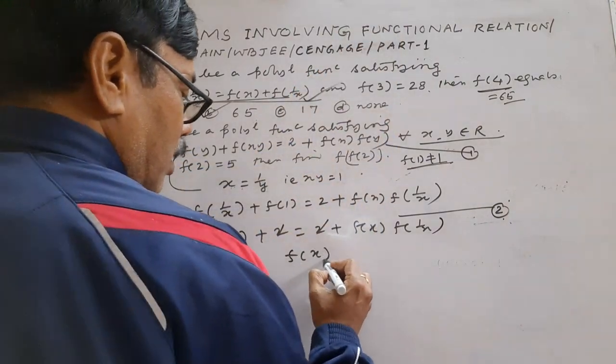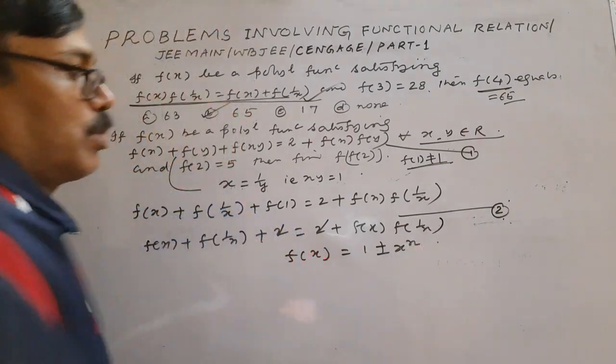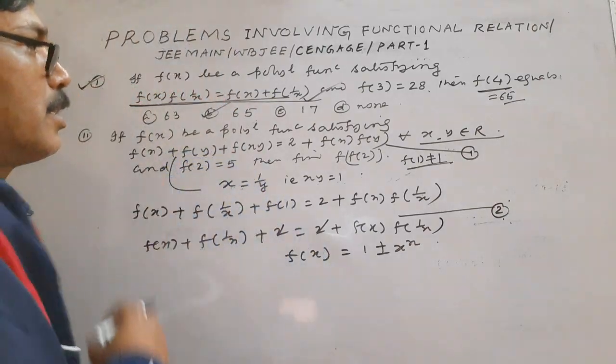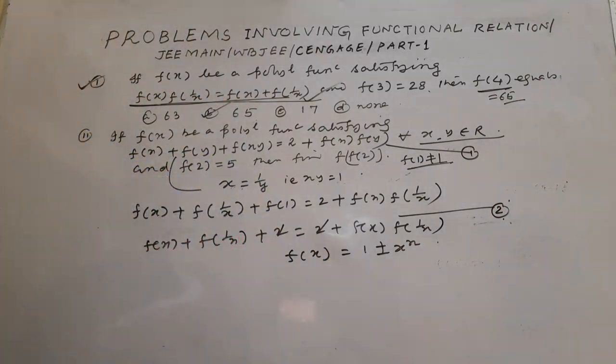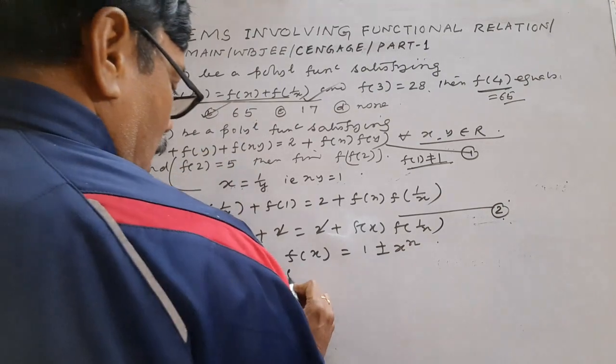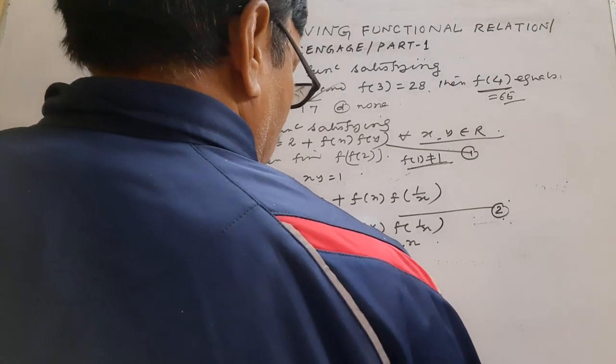So we are getting f(x) = 1 ± x to the power n. Now it is given f(2) = 5.